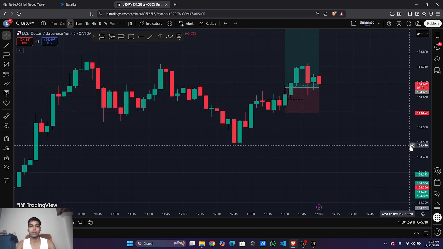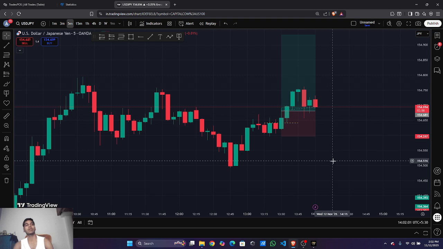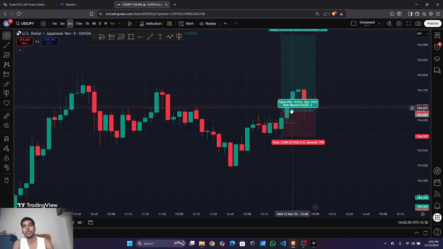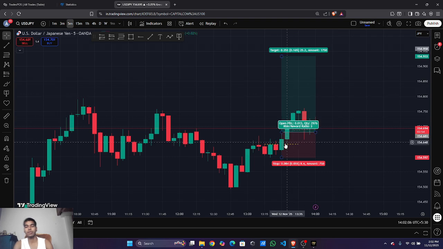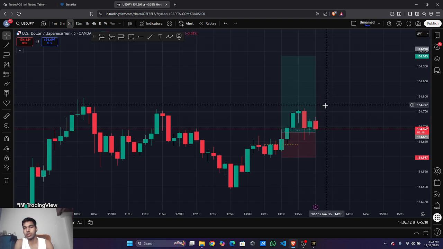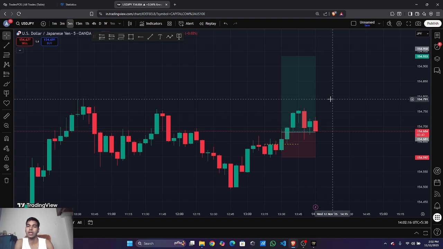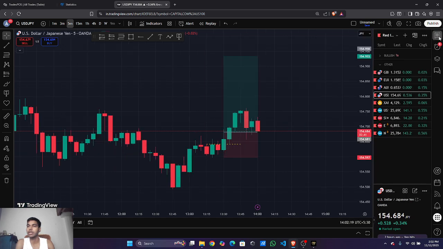Okay, this might also hit an SL. I'll update. You can see in the description what happened of the trade, and I'll update my trades in my Twitter. The handle is in the description. If it crosses above this level, closes above this level, then I'll trail over here and then let it run. Most likely it will hit the SL.